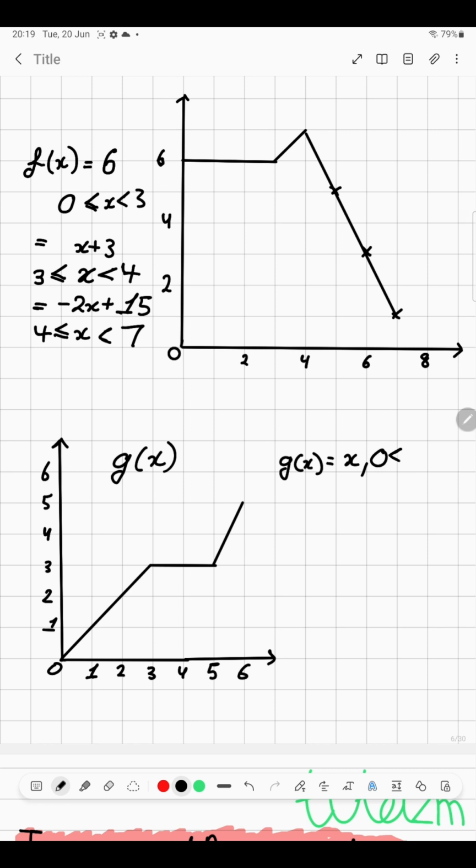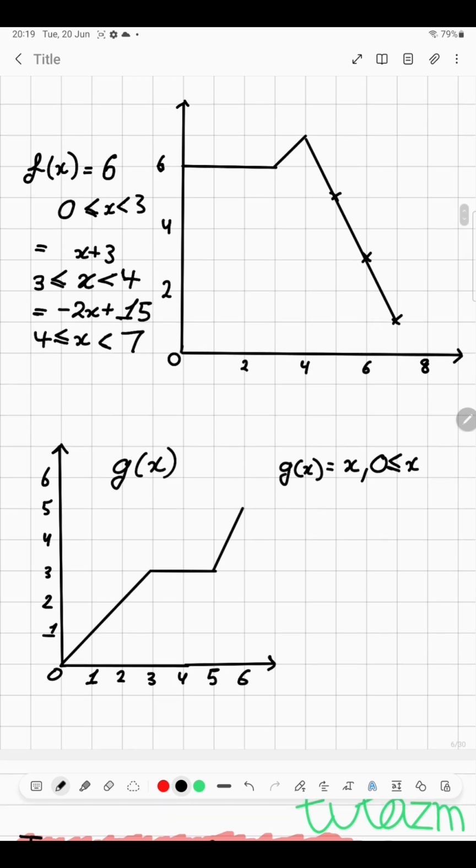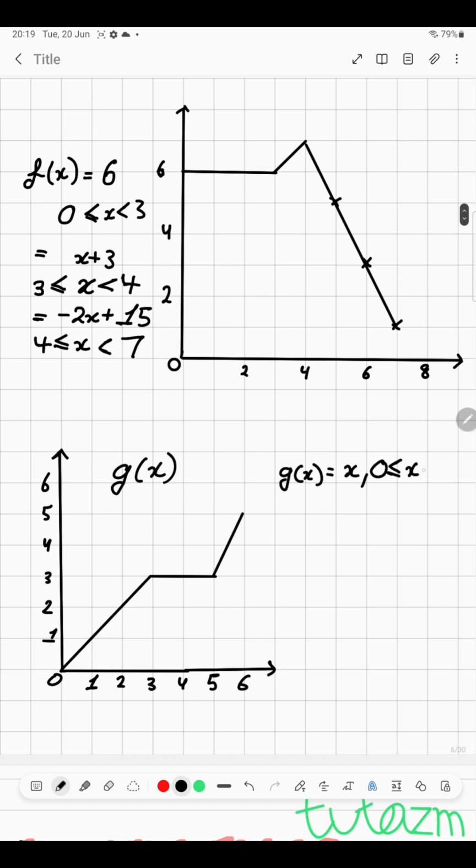So draw out 0 less than or equal to x, which is less than 3. And then it's also equal to just 3, the range of 3 to 5.